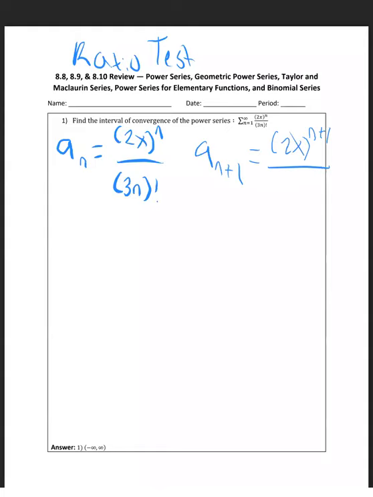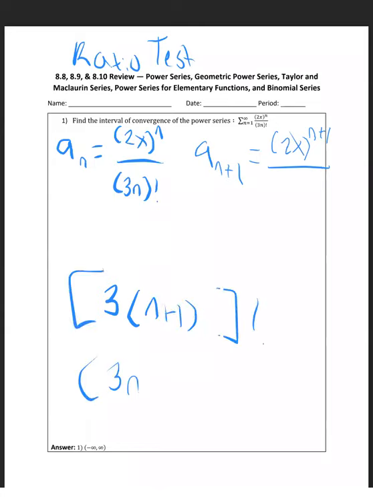No. Julia, think about it. You're plugging in n plus 1 whenever you're seeing n. If I plug in n plus 1 over here, this becomes 3n plus 3, right? Yes. So it's not 3n plus 1, it's 3n plus 3. Does that make sense? Yeah.